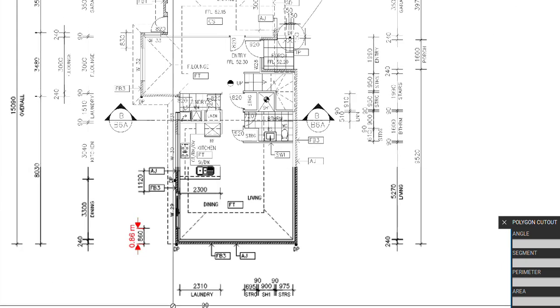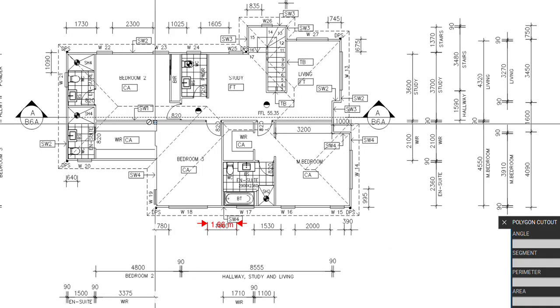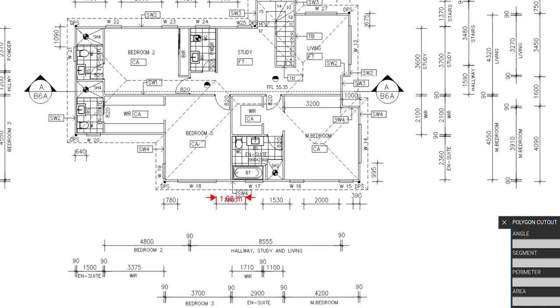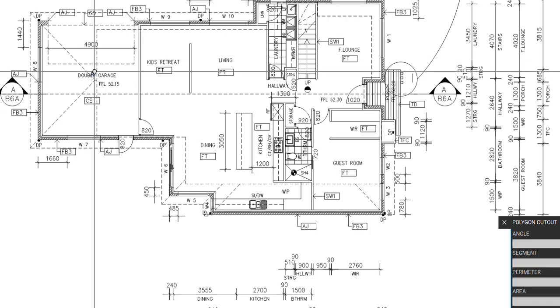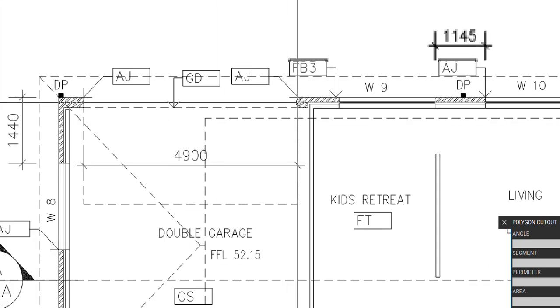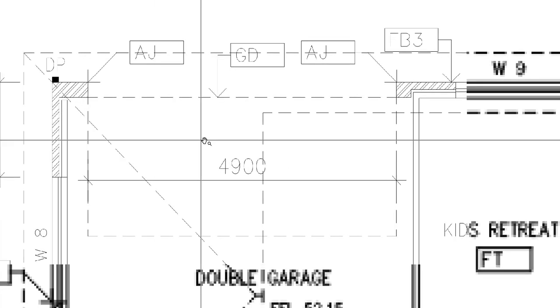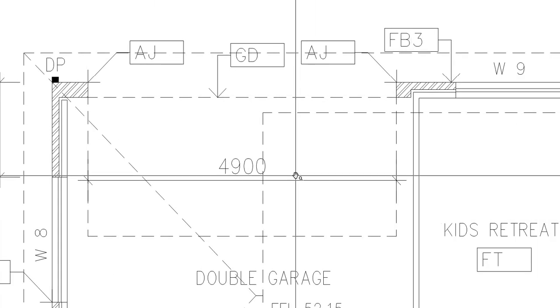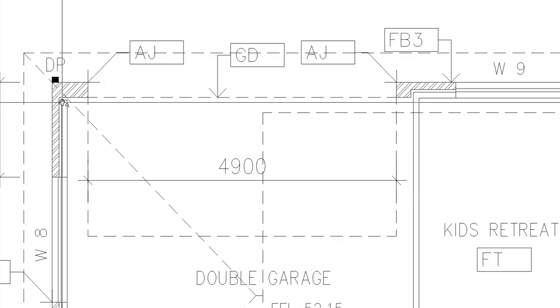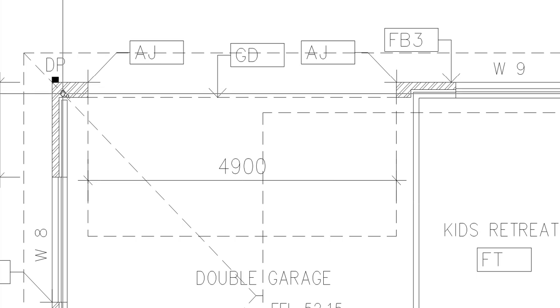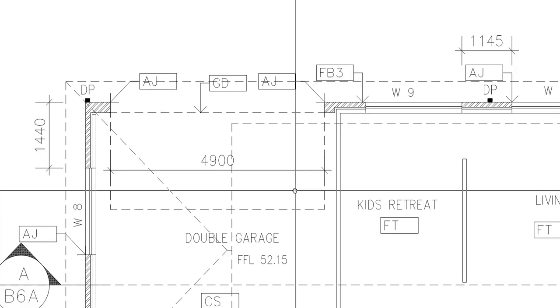In these drawings, you can see this is the upper roof of the building. This is another dwelling, and this is the double garage. Generally, when you have brickwork, there would always be double brickwork on the garage part. The reason behind this is to hold the door, because the door is heavy.